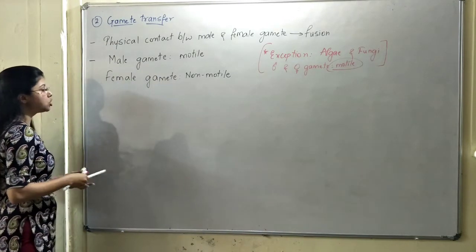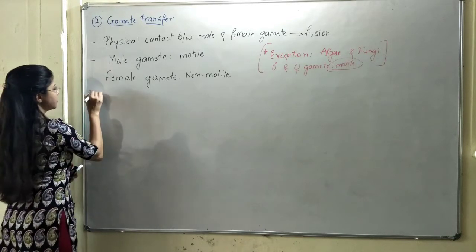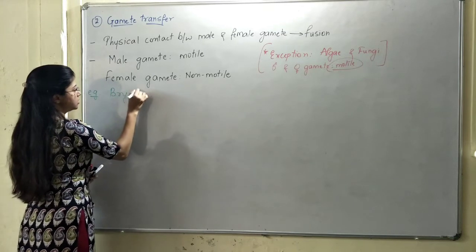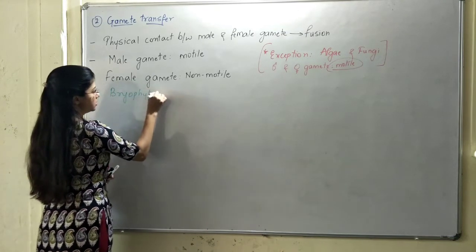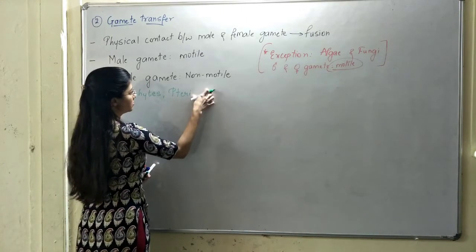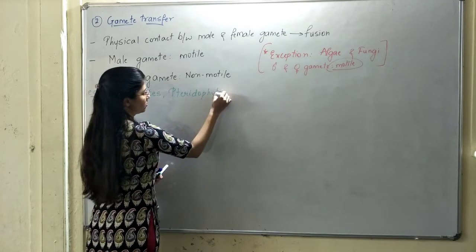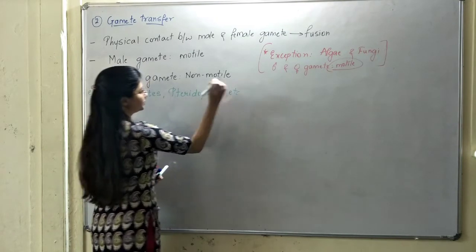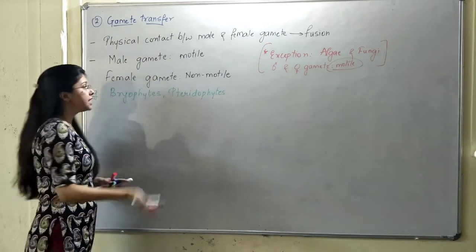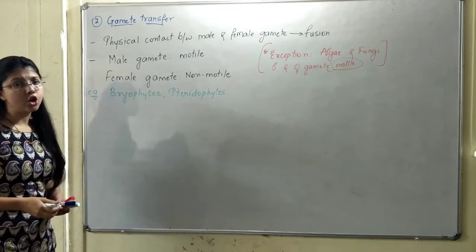Now, the male gamete being motile and the female gamete non-motile is generally found in organisms like bryophytes, pteridophytes, etc. Basically it is found in bryophytes and pteridophytes, where the male gamete is motile and the female gamete is non-motile.